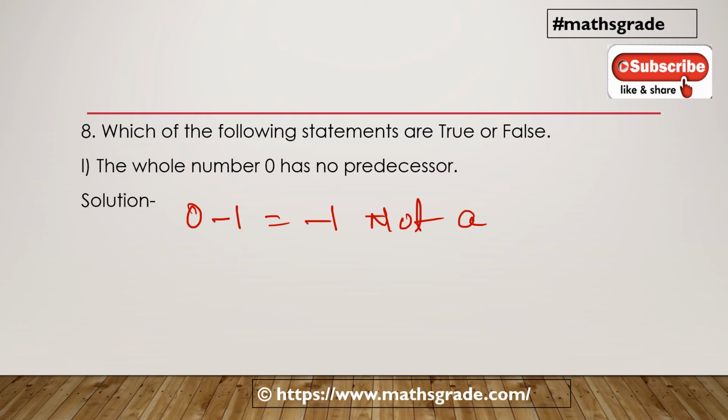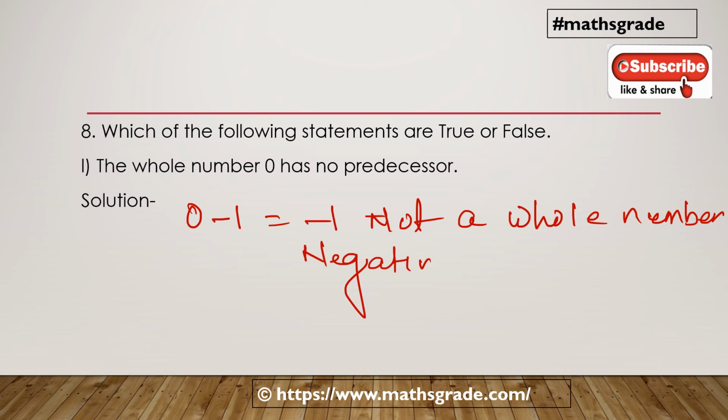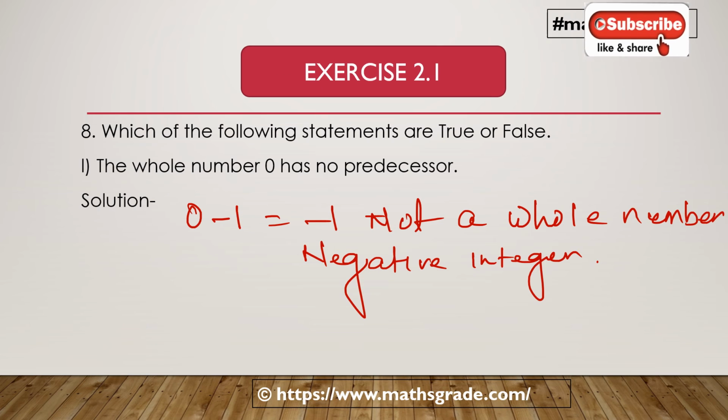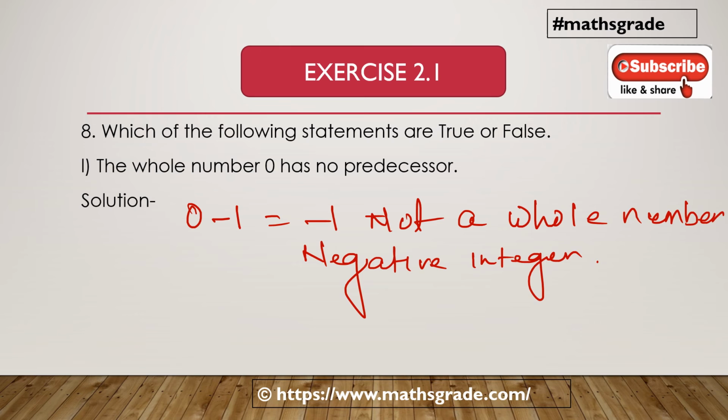This is not a whole number. Minus 1 is a negative integer. So minus 1 is not a whole number. So the statement that the whole number 0 has no predecessor is true.